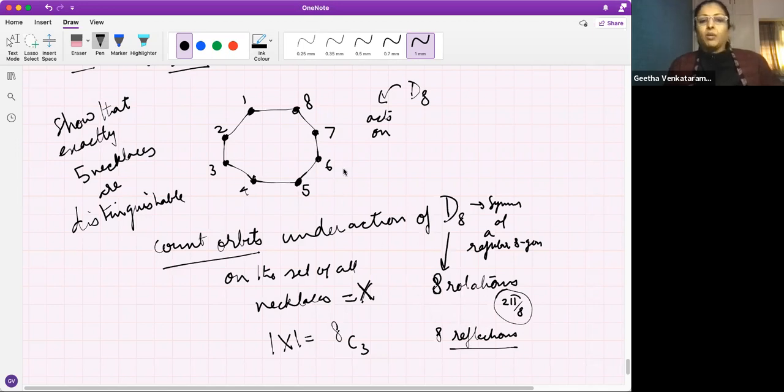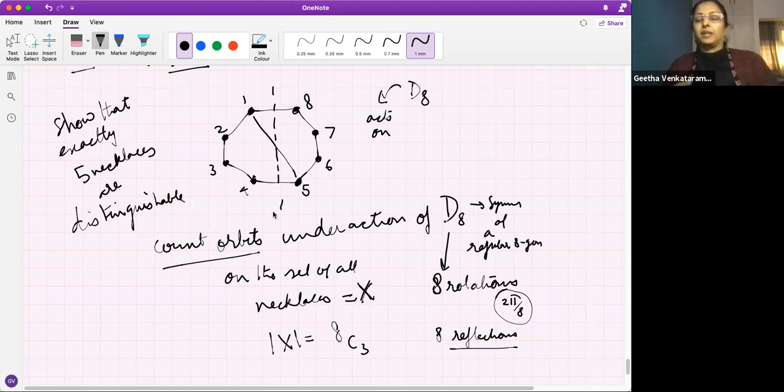Now, what are the reflections in this regular 8-gon? Either you have midpoints of opposite sides or you have diagonals. These are the 2 types of lines of reflection you have. If you look at a line through midpoints of opposite sides, it's dividing your necklace into 2 equal halves, but you have 3 black beads. So on one side there'll be 2 and on the other side there'll be 1.